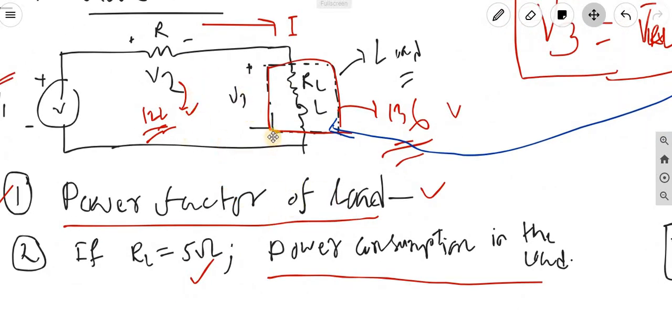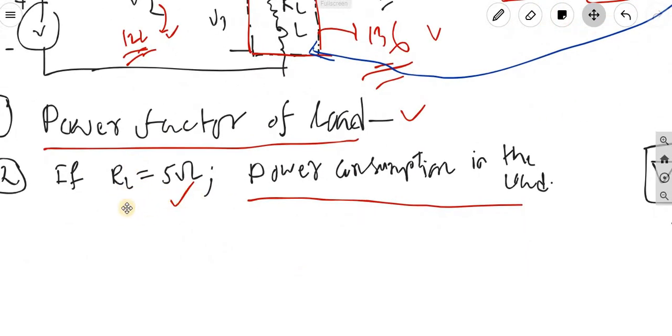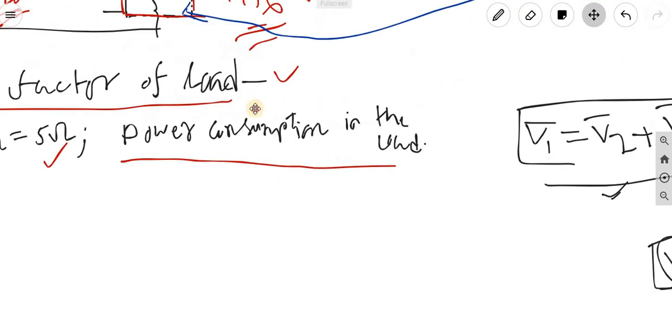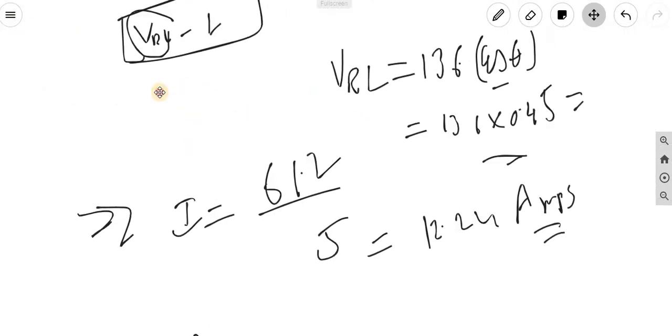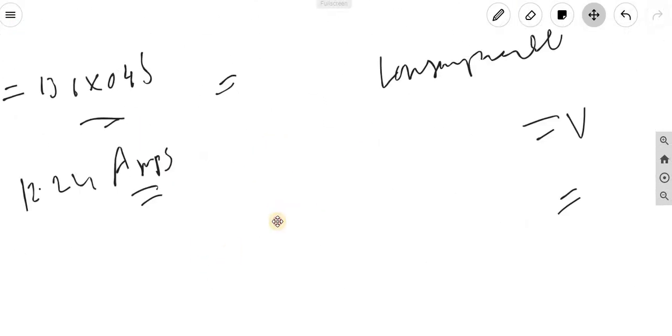In this problem, only the voltage values were given, and we had to find the power factor of the load, and, if the load resistance is given, the power consumption. We solved it in that way.